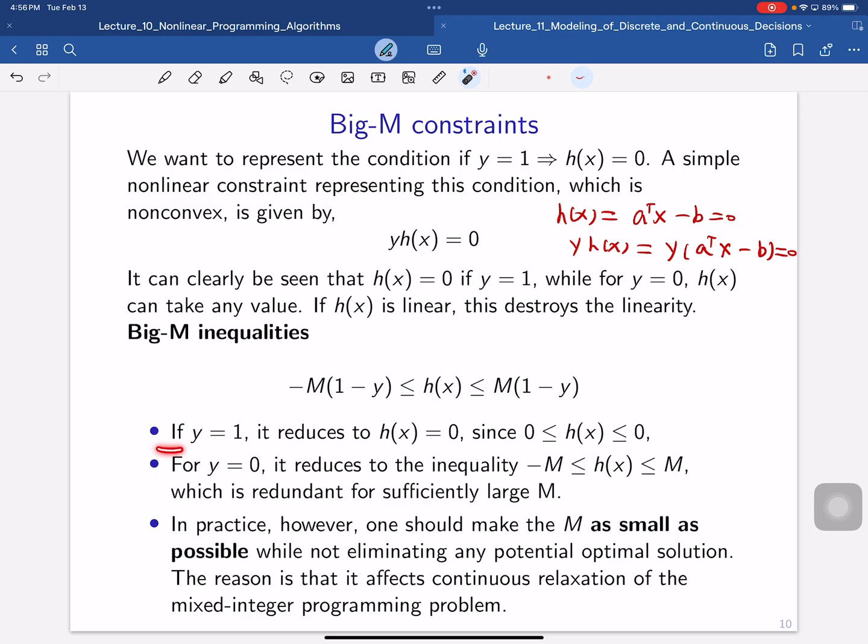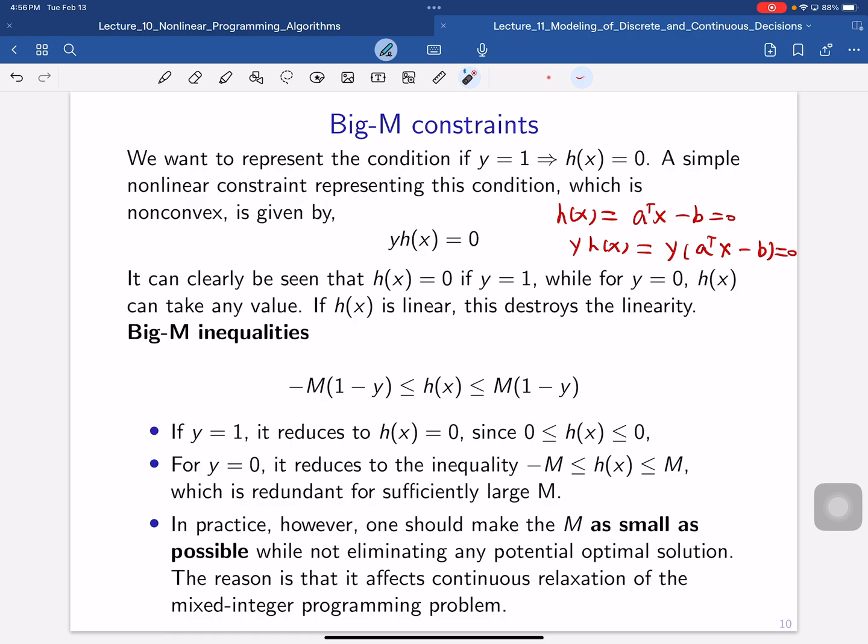Suppose y equals 1. Then both of these parts will be 0. Then this reduces to h(x) equals 0, right? So the two inequalities put h between 0 and 0. That's why this equation holds.